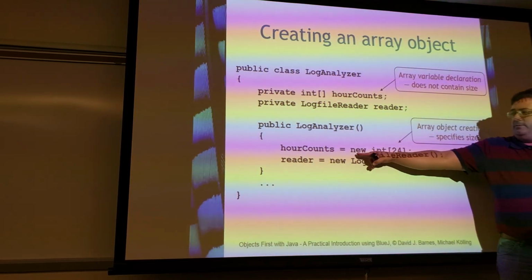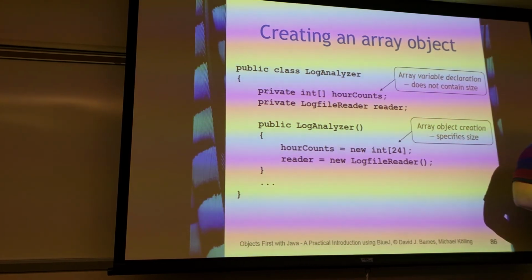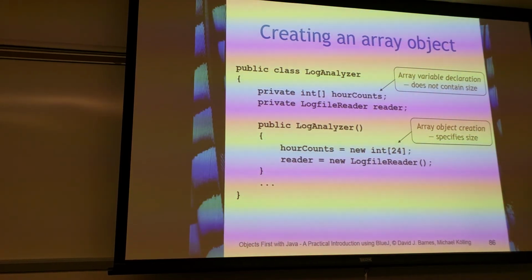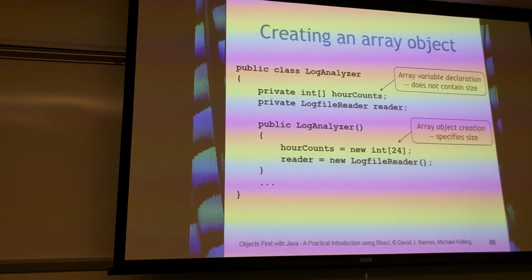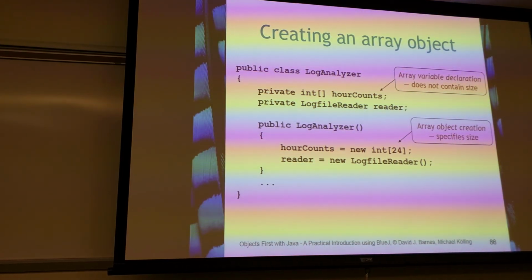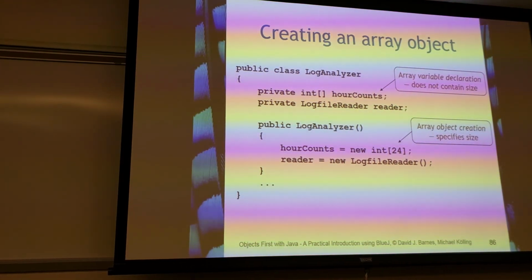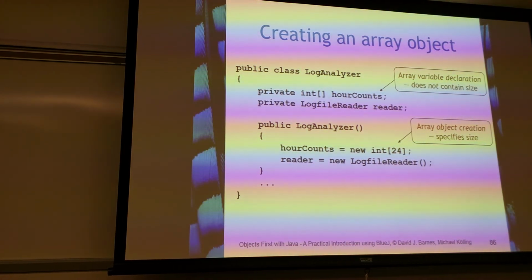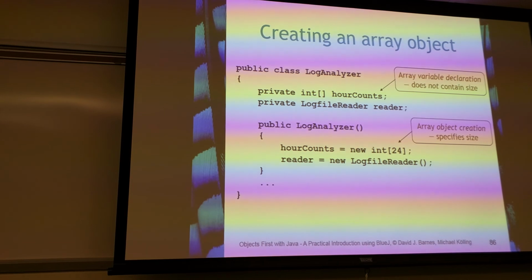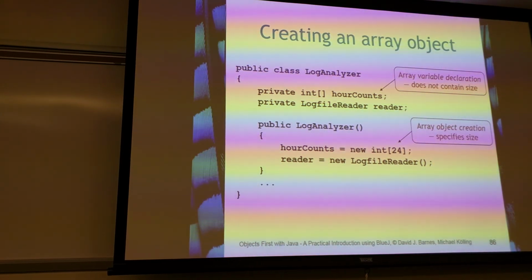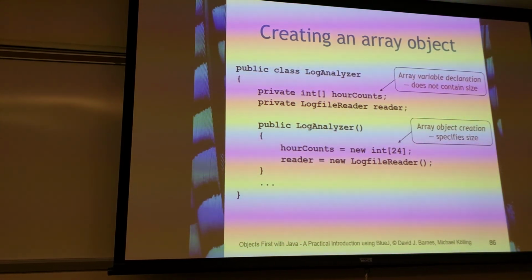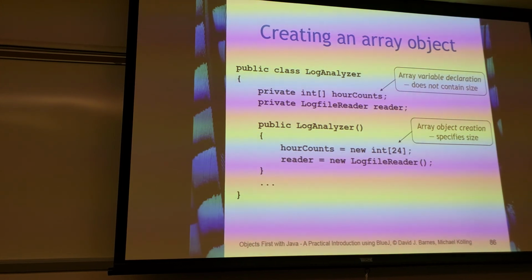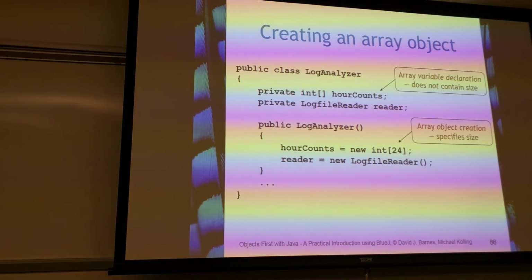Now, after doing this, hour counts is an array of 24 integers, and in this case we'll initialize them to 0. So this is almost exactly like making a dynamic array in C++, right? But you don't have to delete it.